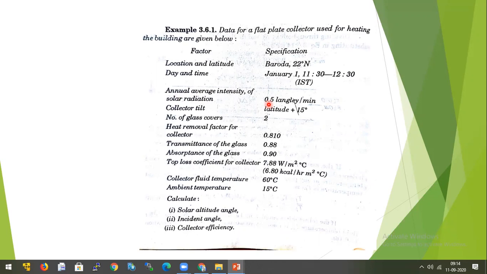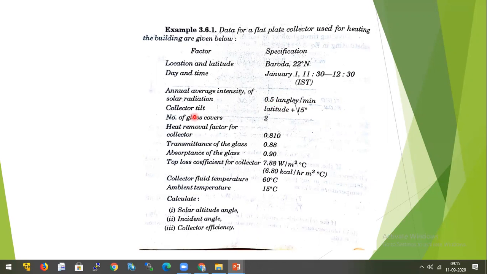This annual average solar radiation intensity is denoted as HB. HB is 0.5 Langleys per minute.